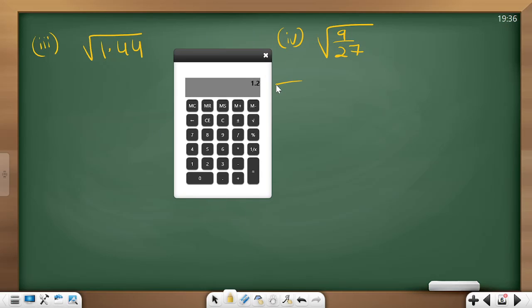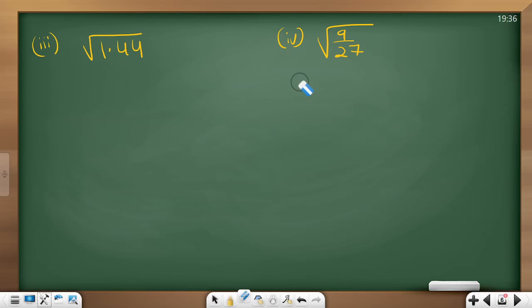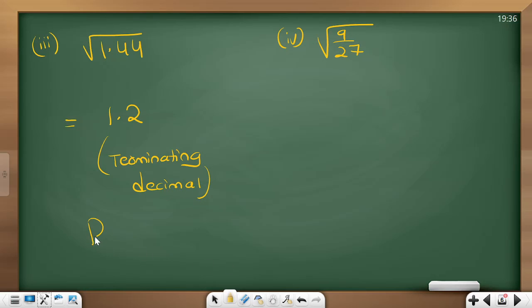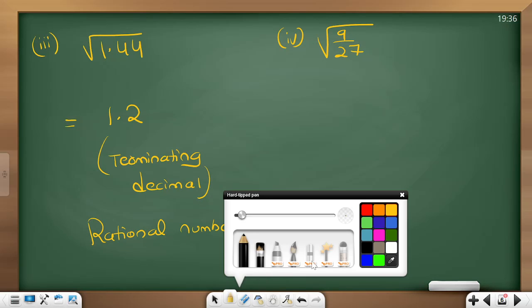You're able to see this 1.2? Yeah. Therefore, the answer for root 1.44 is 1.2, which is a terminating decimal. Terminating decimal means it's stopping at 2. Therefore root 1.44 is going to be a rational number.